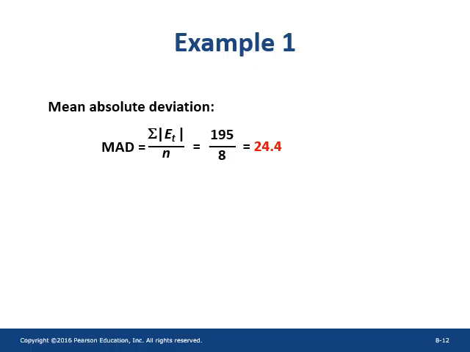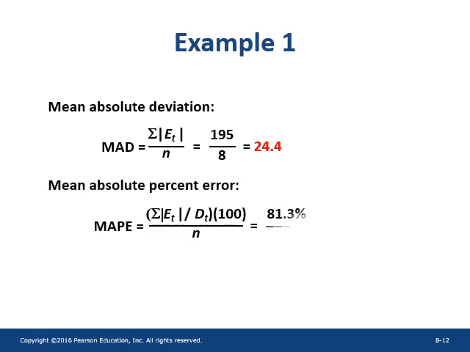So the MAD, or mean absolute deviation, is the sum of the absolute values of the error terms divided by 8, and the mean absolute percentage error is the sum of the percentages of the absolute error terms divided by 8.